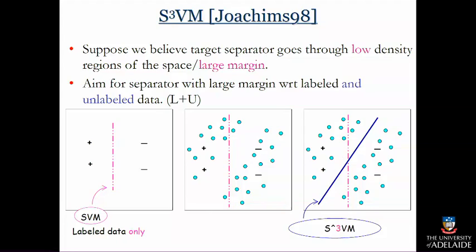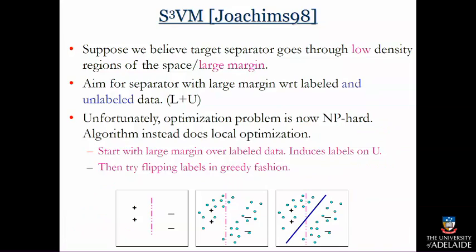Okay, so how do we formulate the optimization problem and find this hyperplane with both labeled data and unlabeled data? We already know that for the standard support vector machine, the formulated optimization problem is convex. Actually, it's quadratic, right? And you can always find a globally optimal solution.